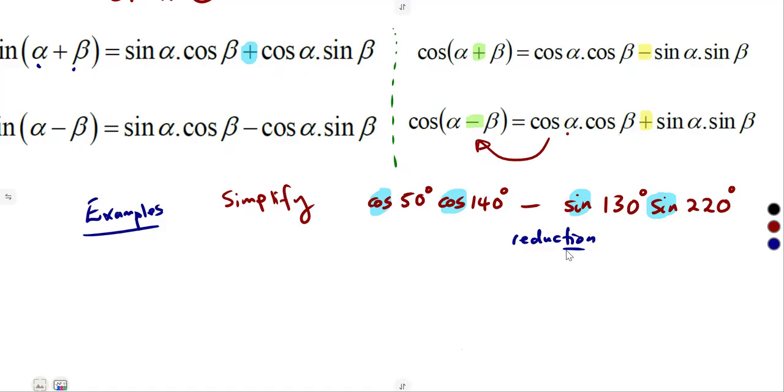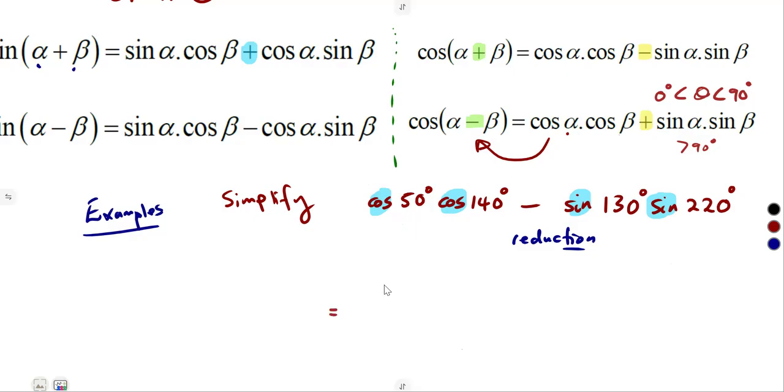All right, let's save these in the simplest form, as we consider our reduction is rewriting angles that are greater than 90 degrees as angles that are less than 90 degrees. So the first one, cos 50, is actually in simplest form.